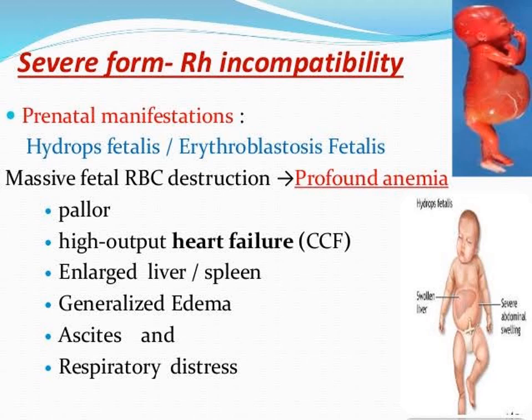So erythroblastosis fetalis. Usually there is no effect in the first childbirth, but the mother is exposed to the RH positive antigen, and RH positive children carried by the same mother may be exposed to the antibodies produced by the mother against the RH antigen, which are carried across the placenta into the fetal blood circulation.